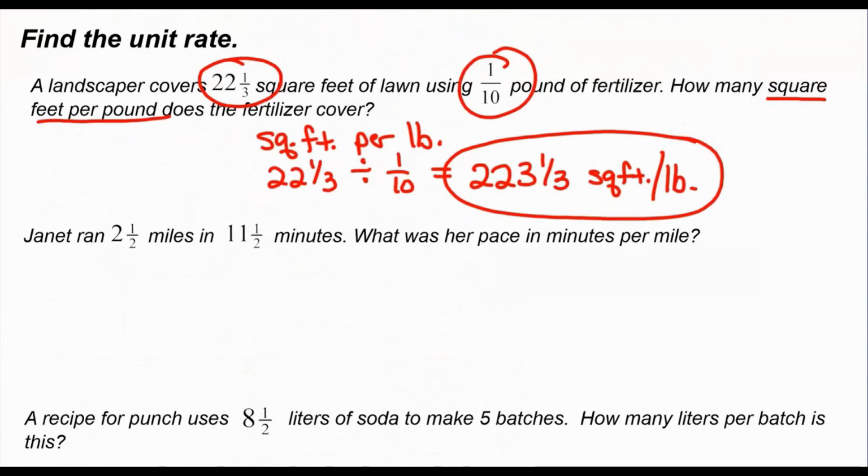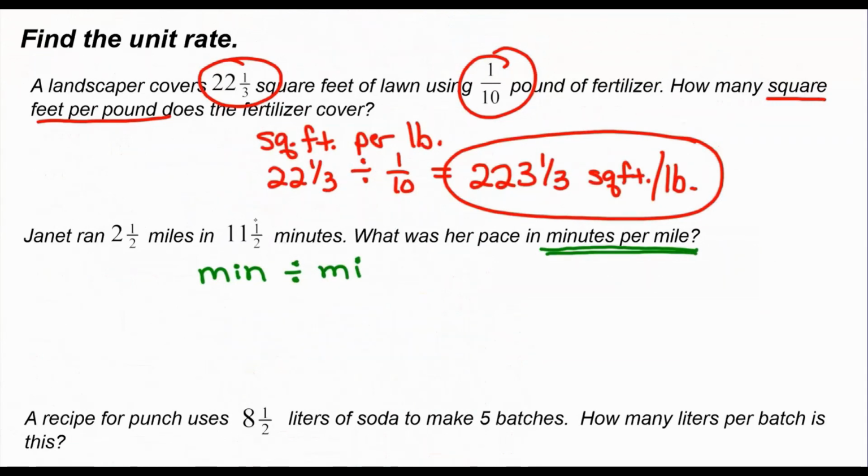Next, Janet ran 2.5 miles in 11.5 minutes. What was her pace in miles per, or minutes per mile? Sorry, minutes per mile is the unit rate that I'm looking for. So I'm going to let the words set this problem up for me. Minutes divided by miles will tell me minutes per mile.